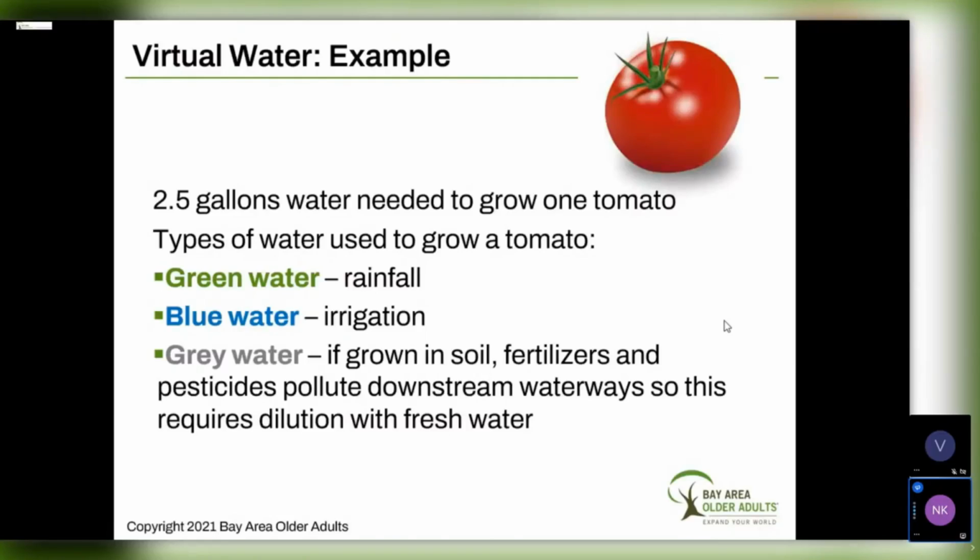It is blue water if it comes from irrigation. And it is gray water if it is fresh water that is used to dilute the fertilizers and pesticides from the tomato field to bring it up to the water quality standards.